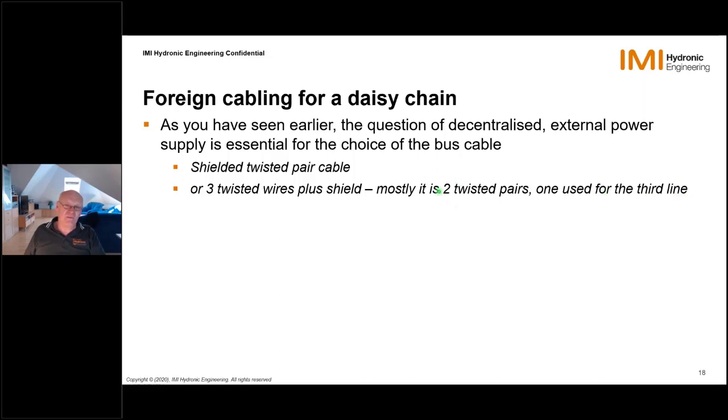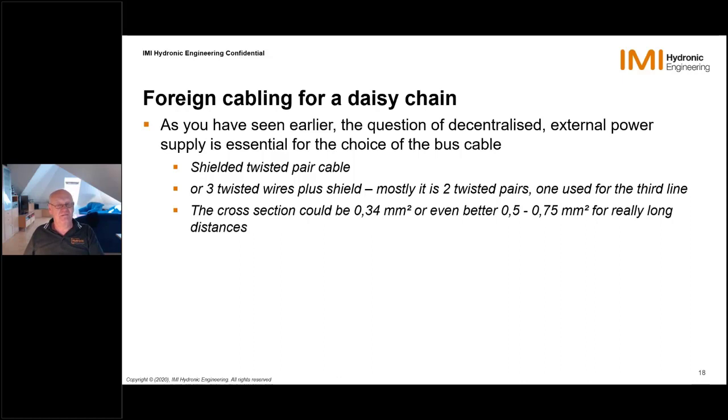So one twisted pair for the data transmission, and one from the remaining twisted pair is used for the third line. Then you have a common mass through the whole system. And regarding the sizing, we have at the moment 0.34 square millimeter. That's relatively common.